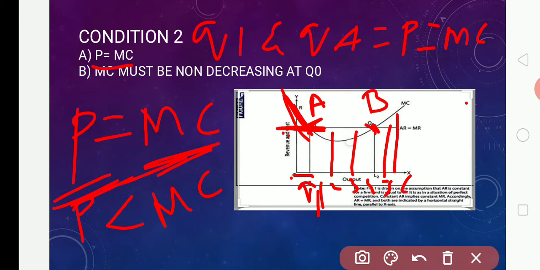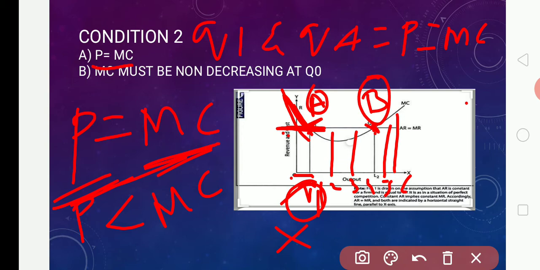So is Q1 a point of profit maximization? No, it is not. Next, we come to point B. At A we have seen Q1, where the price is equal to marginal cost, but it is not a profit maximization.